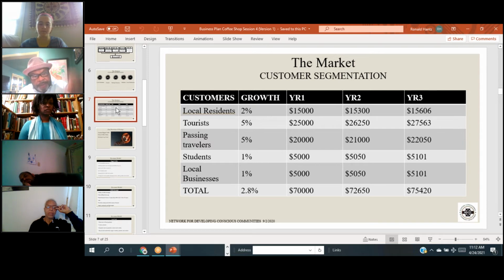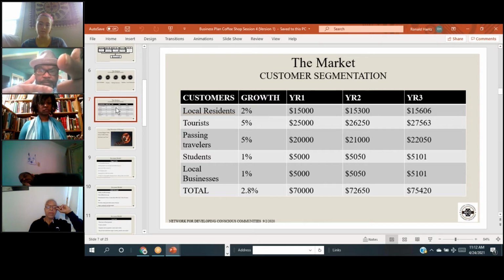So again, if you can take this model here and start to adapt it to your own business idea now, to see where you're going to draw your business or your customer base from. And for those of you who are looking at going into other businesses, such as providing software or some product services, look at who's going to be able to purchase those services.